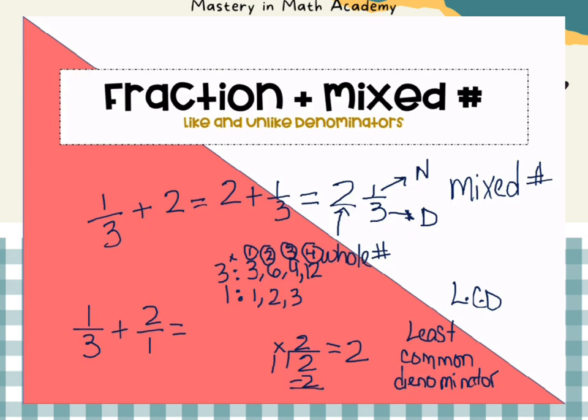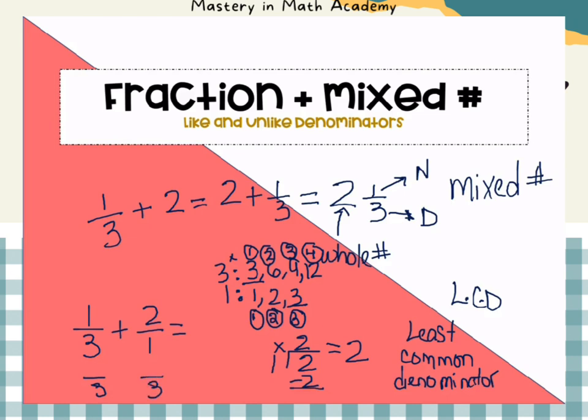Or, as multiplication, 1 times 1 is 1, 1 times 2 is 2, 1 times 3 is 3. You can see that 3 is the least multiple that they share, so you set your denominator as 3 because that is now your new denominator.